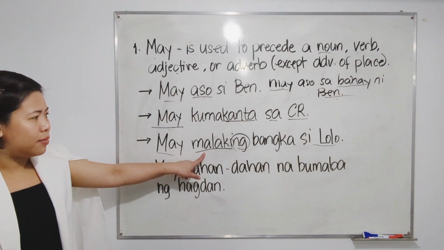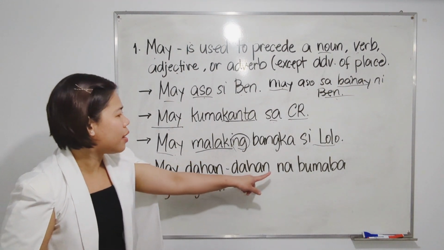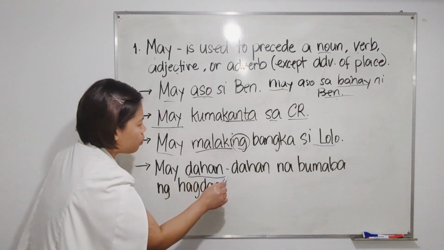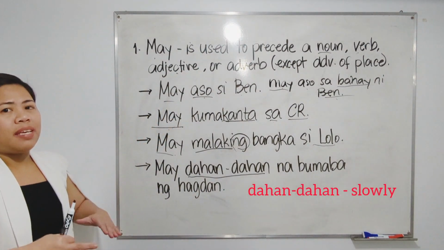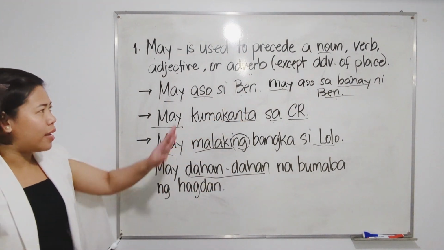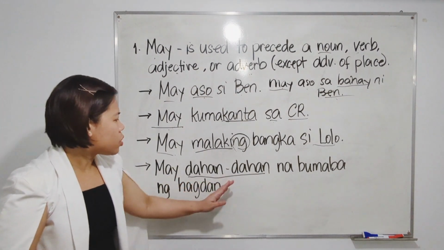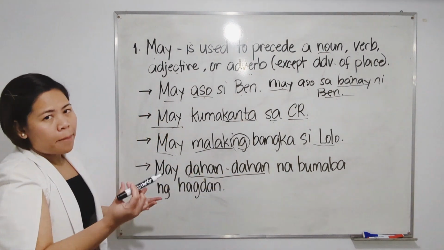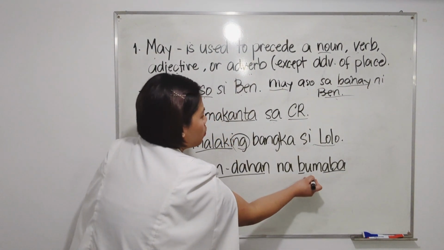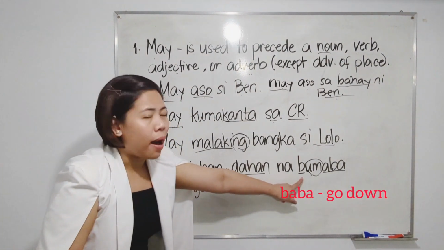Malaki or big. Okay? And then the last one, it says, "may dahan-dahang bumaba sa hagdan." After the may, we have the word dahan-dahan. It means slowly. This is an adverb of manner, right? It's an adverb of manner. So we are going to use may. And then, slowly bumaba. Root verb, baba. And we inserted um here. It's in the past tense. So, bumaba.